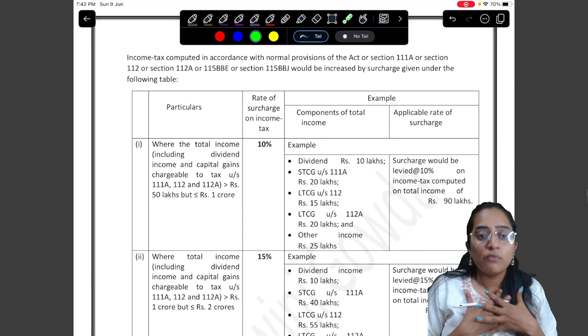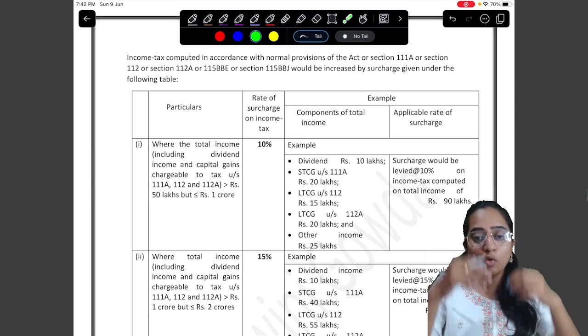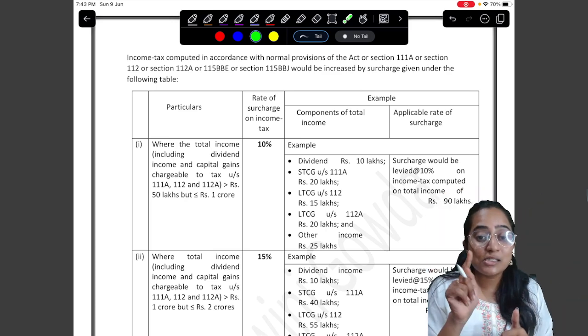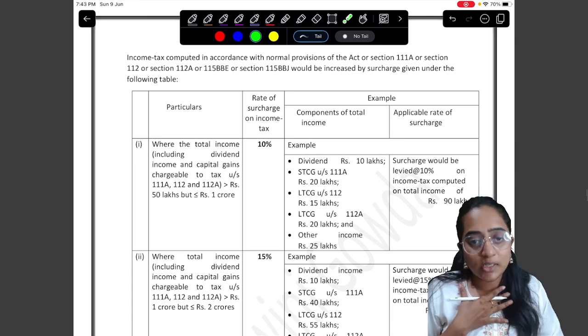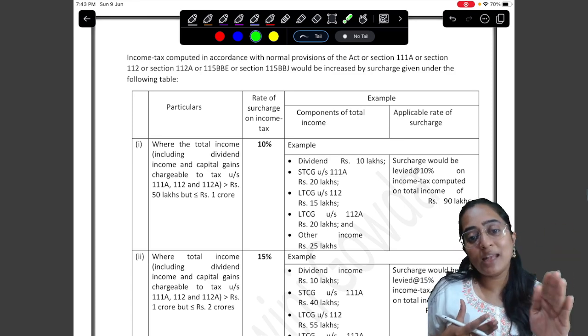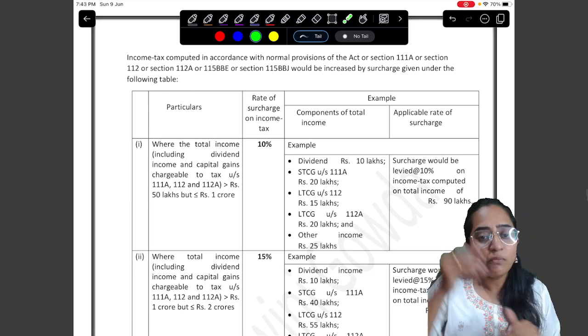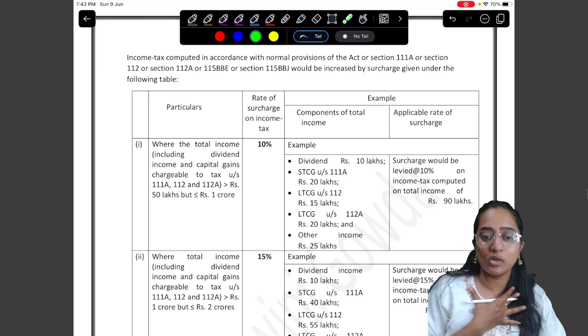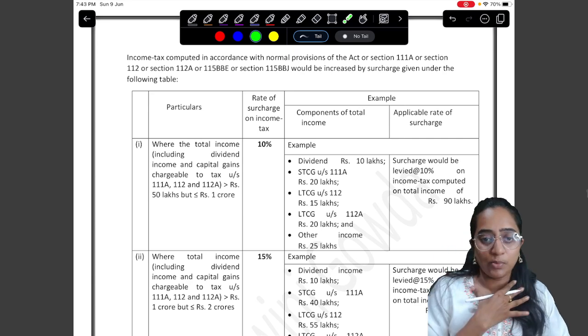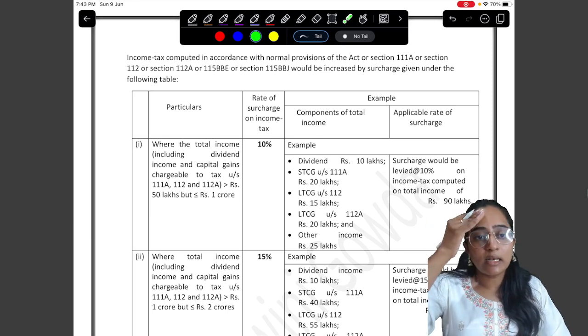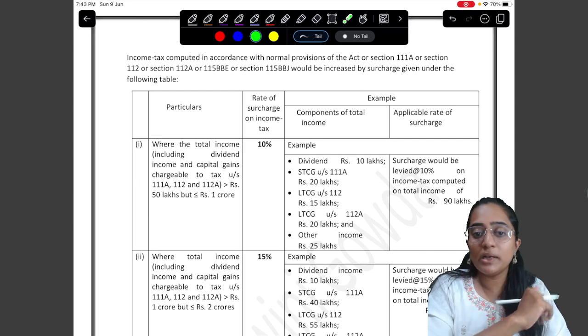First of all, what is dividend income? I am investing in some share capital, and the return which I'm getting is my dividend. So whatever dividend I was getting up to 10 lakh rupees was exempted before. Now, what happens? Every rupee of the dividend income which you are receiving now is going to be taxable. They removed that exemption up to 10 lakh rupees in case of the dividend income.